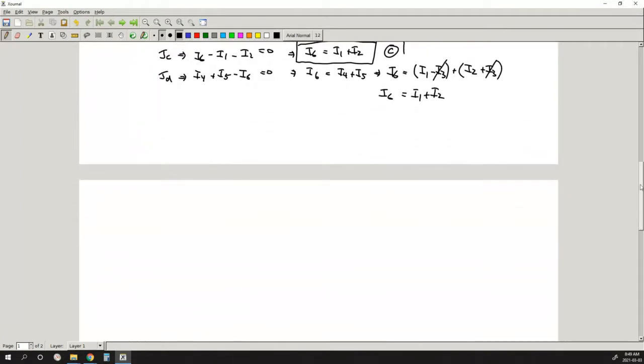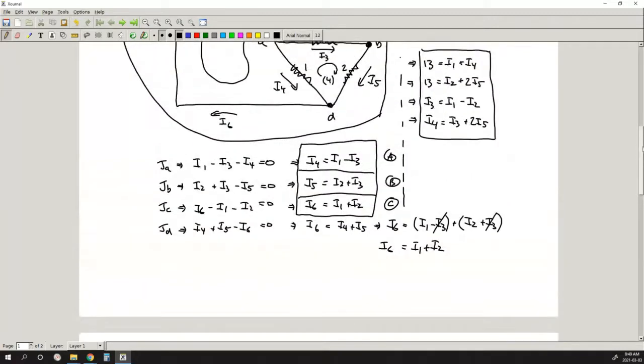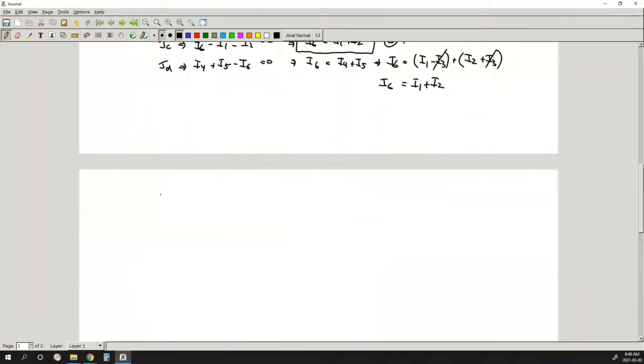So this: I3 equals I1 plus I4. What we're going to substitute in for the I4 is I1 minus I3. So equation 1 is going to give us I3 equals I1 plus I1 minus I3, right?